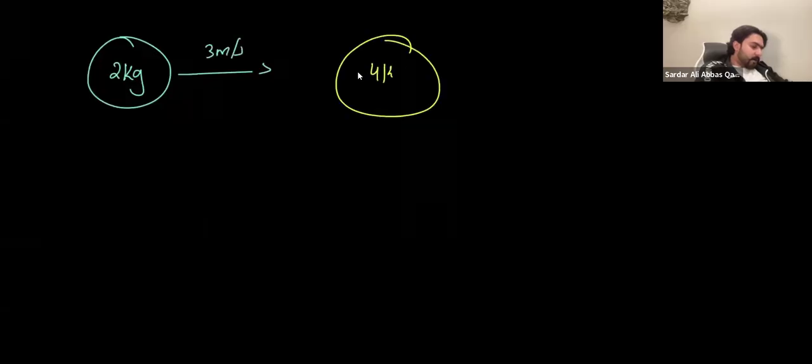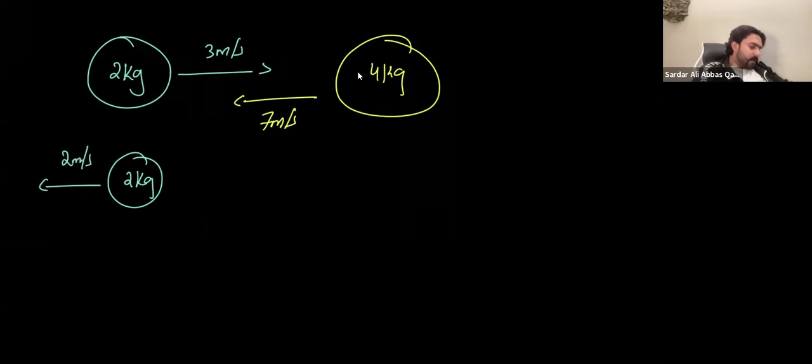I have a 2 kg object. It's traveling towards the right with 3 meters per second. And then I have a 4 kg object that is traveling towards the left with a speed of 7 meters per second. They collide and the 2 kg object starts moving towards the left with 2 meters per second, and the 4 kg object starts to move towards the left with a speed of 3 meters per second.